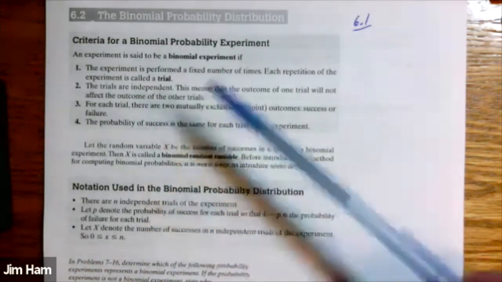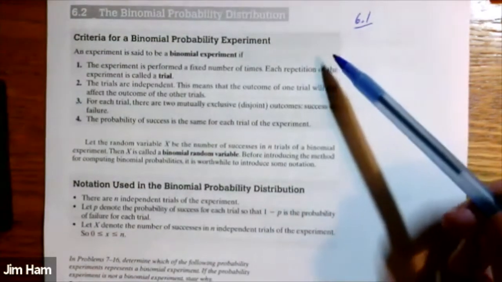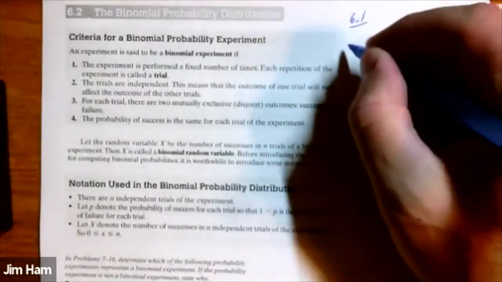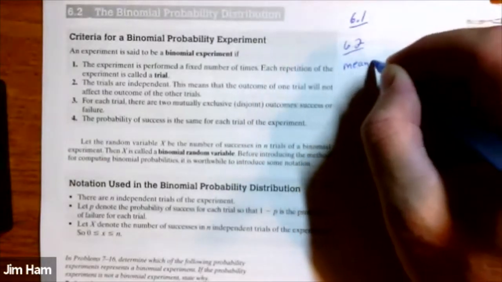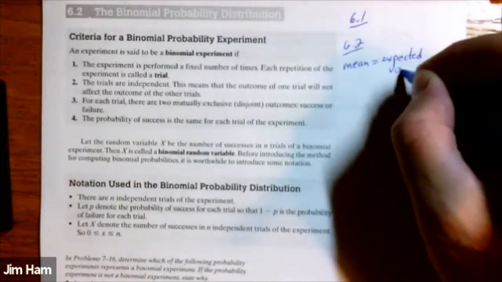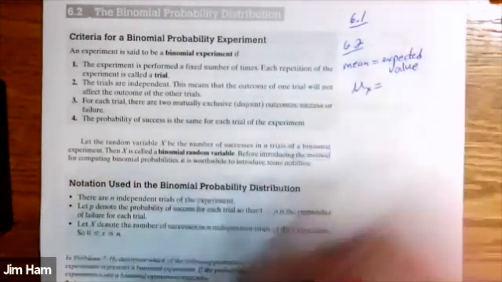You can think of the binomial distribution as a special case of a discrete probability distribution. And so it has specific formulas that go with it. Generally, in this section, we're going to calculate the mean, which is the expected value, and there are different variables that it uses.